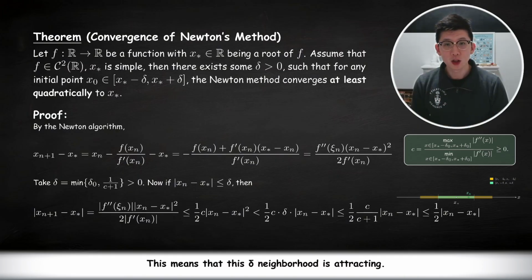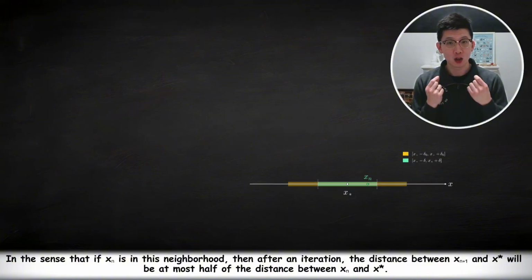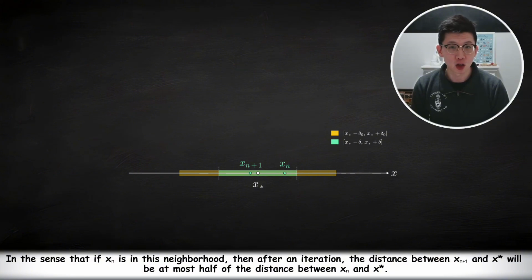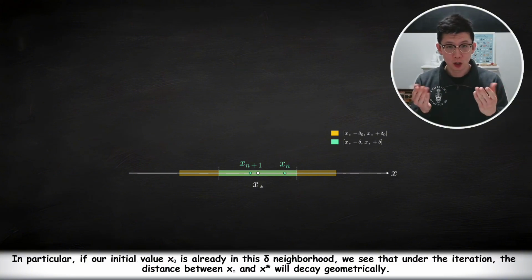This means that this delta neighborhood is attracting, in the sense that if x_n is in this neighborhood, then after an iteration, the distance between x_{n+1} and x star will be at most half of the distance between x_n and x star. In particular, if our initial value x0 is already in this delta neighborhood, we see that under the iteration, the distance between x_n and x star will decay geometrically.